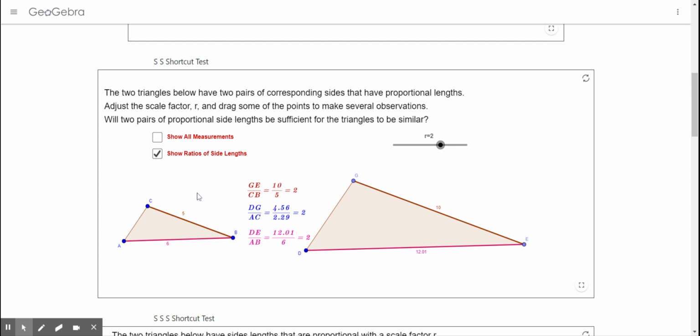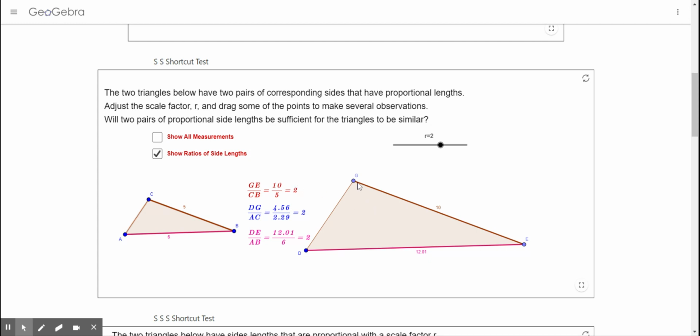I can also, of course, move the triangles around, which doesn't change whether each one of these corresponding side lengths are in proportion. So I want to see if I can make it so one or more of these is not in proportion, because then they wouldn't be similar.